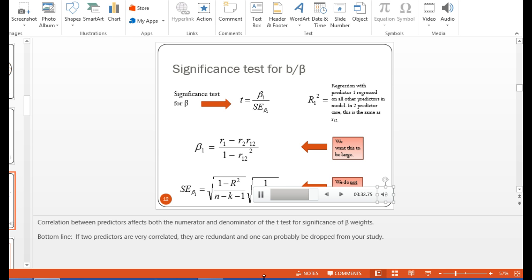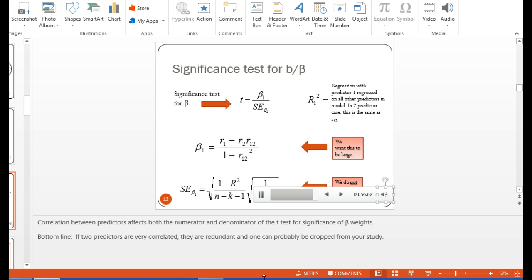Okay, so again, we want the numerator to be large, and as R12 increases, it's going to reduce that. And then the standard error, we want that to be small, but as R12 increases, we see that standard error increasing.